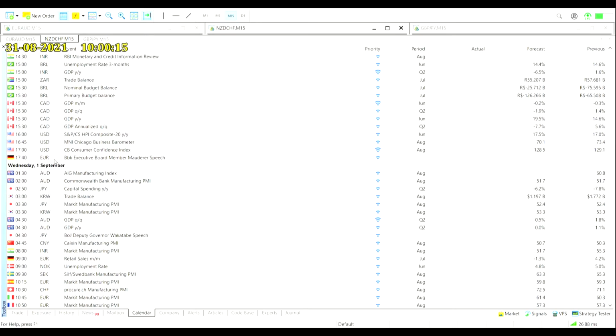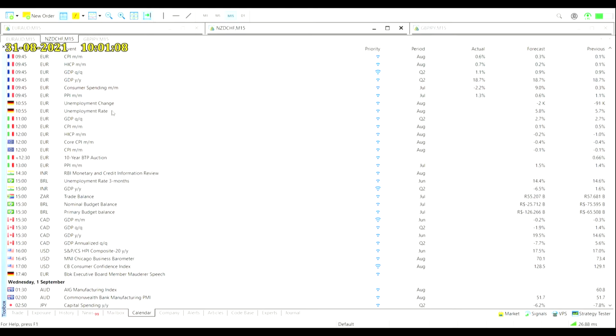And back in the Eurozone, 5:40 p.m. in Germany, we've got the Bundesbank Executive Board member Mauderer making a speech there. Could have an impact, could have an increase on volatility, but I would say it wouldn't have much movement over the price there. As you can see though, there will be quite a bit of a drip feed of information coming throughout the day, starting with our German unemployment rate in 54 minutes now.